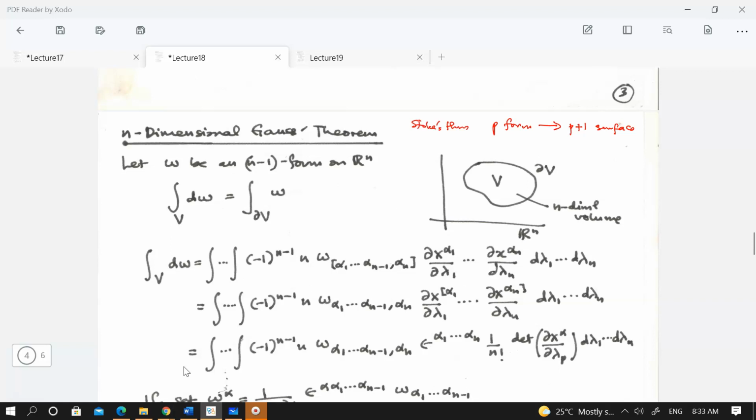Instead of a P form here, one considers the dimension of your space, let's say it's Rn, then the omega that you are considering is one dimension less. So your omega is now an n minus 1 form inside Rn.